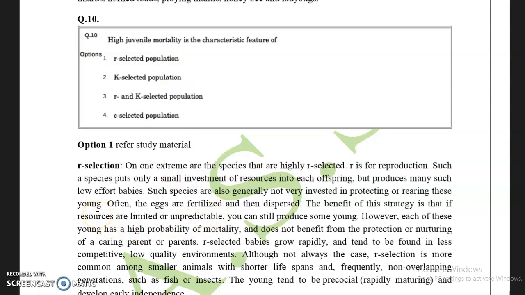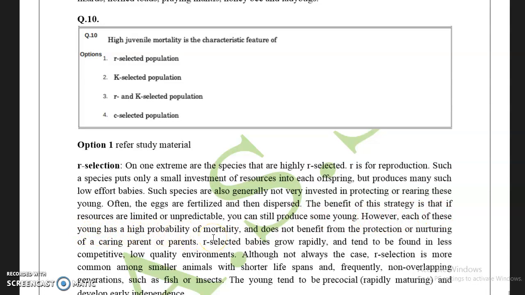and also produce many low-effort babies. However, each of these young has a high probability of mortality.